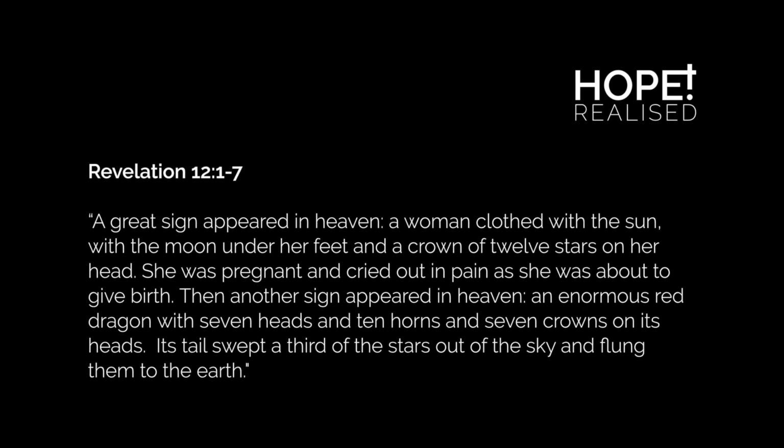Let me just read you from Revelation chapter 12 verses 1 to 7. A great sign appeared in heaven, a woman clothed with the sun, with the moon under her feet and a crown of 12 stars on her head. She was pregnant and cried out in pain as she was about to give birth. Then another sign appeared in heaven, an enormous red dragon with 7 heads and 10 horns and 7 crowns on its heads.